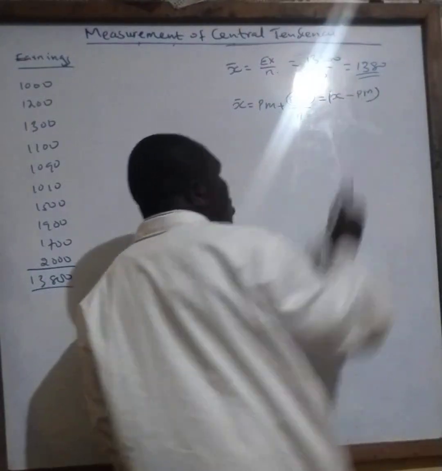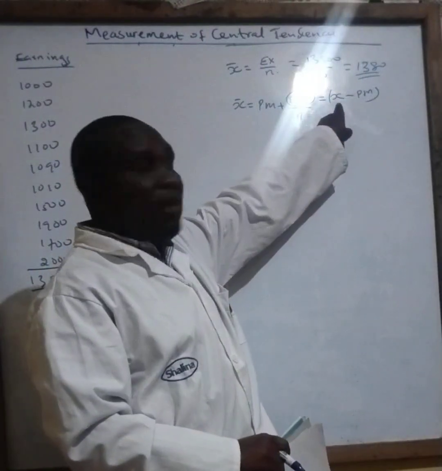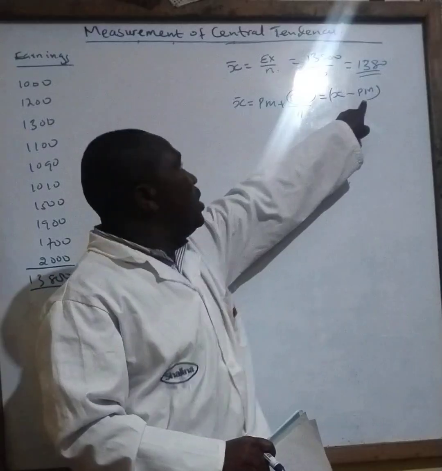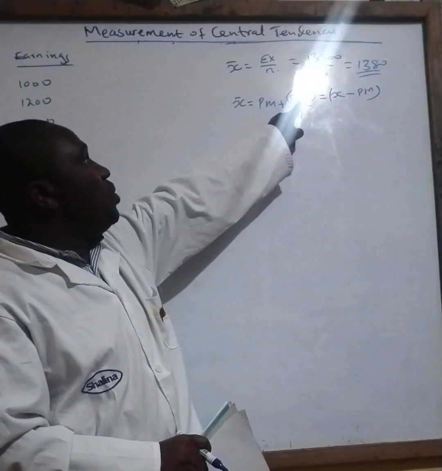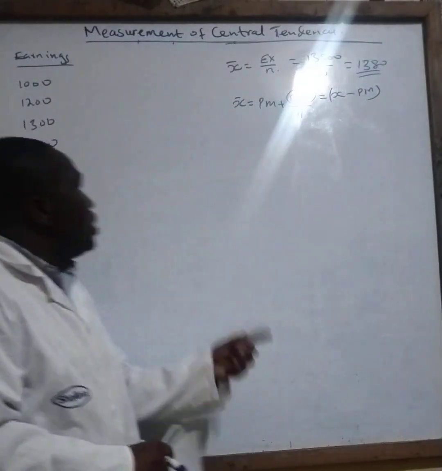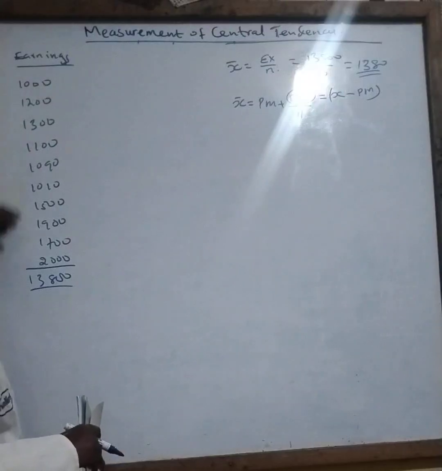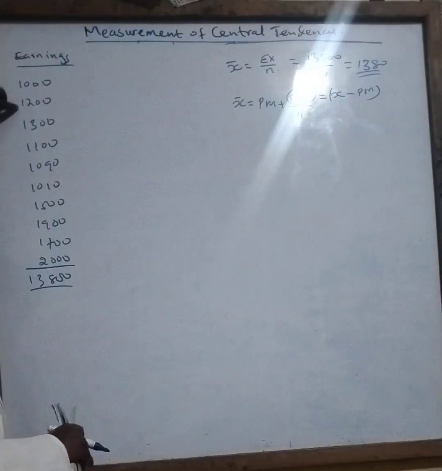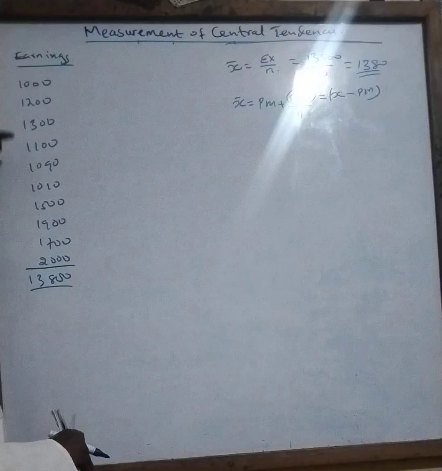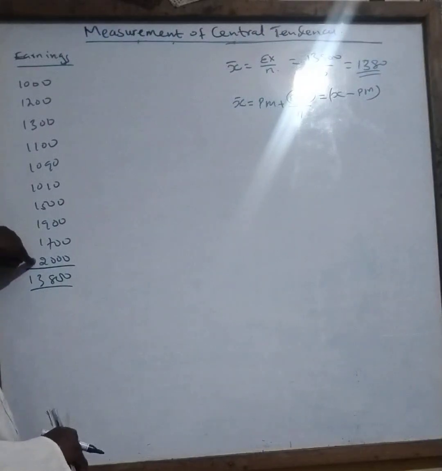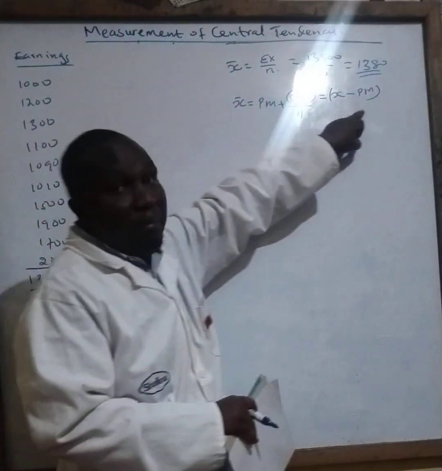Mean. So your observed data x minus your provisional mean will give you what they call deviation. So look at the data here. You can pick 1,000, 1,200. Somebody can pick 1,300, somebody 1,100, or even 2,000, and make it PM.